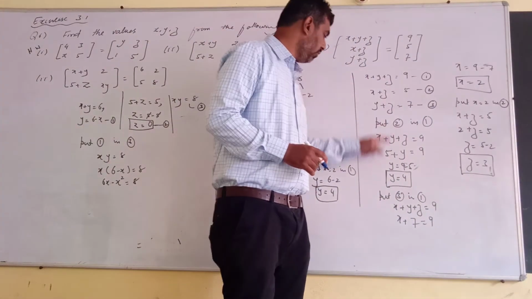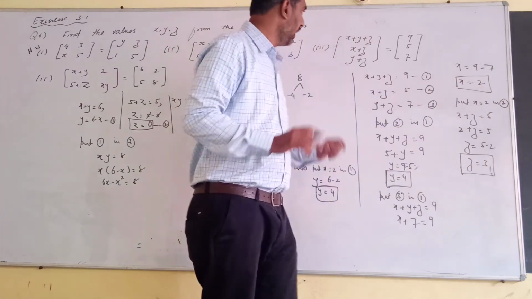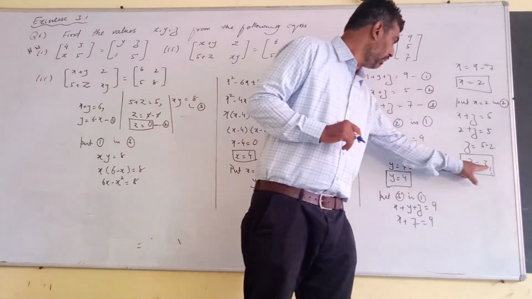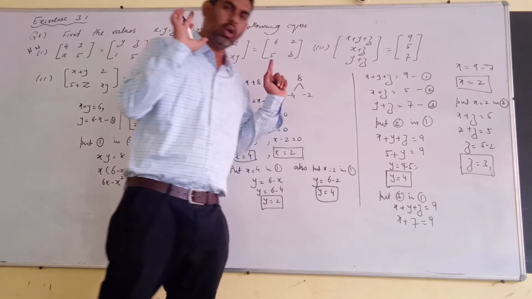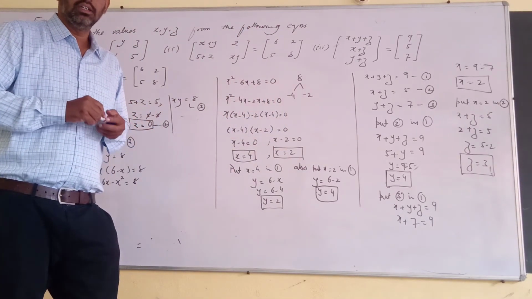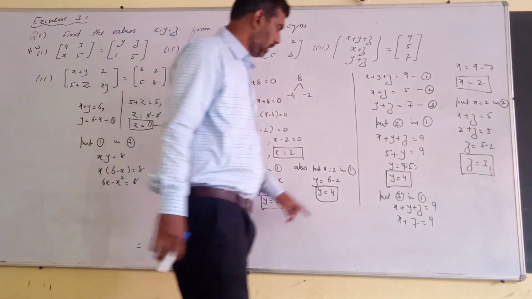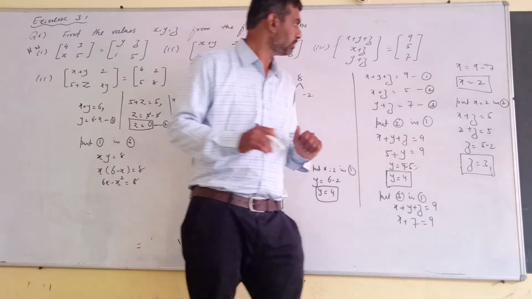We got the values of x, y, z. Okay, one more thing: 2 plus 4 is 6, plus 3 is 9. Just check orally. No need to substitute in your answer sheet or in your class. Just check orally for your confirmation whether you are getting the answer right or not.